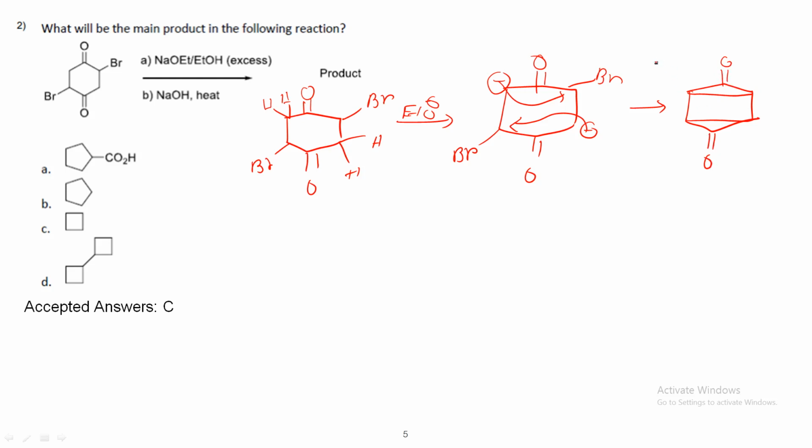So this kind of species may not be generated. It can be like this species where this thing remains intact, or here the bond forms and here bromine leaves. So it can occur in a stepwise manner actually.